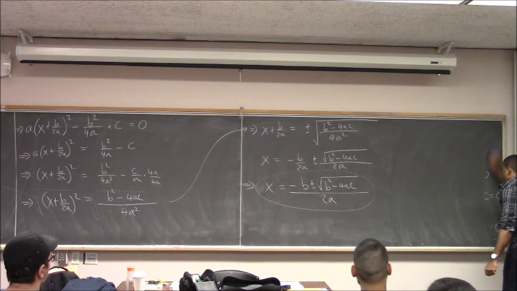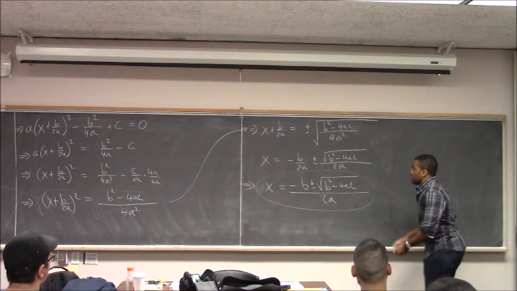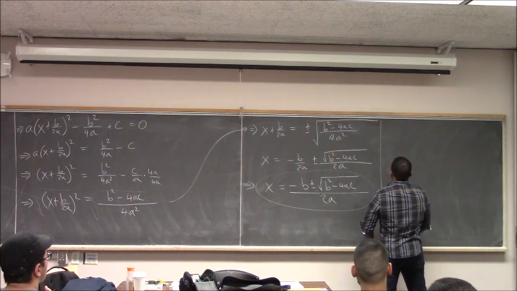So by completing the square, we can derive a nice formula. This is called the quadratic formula.